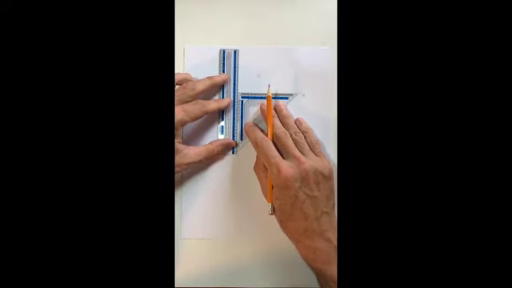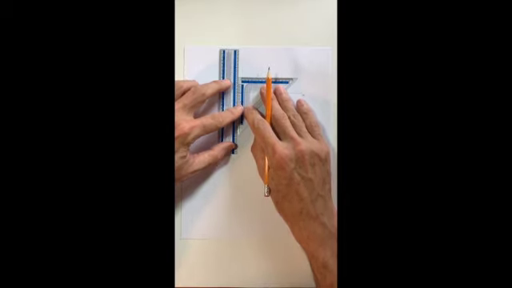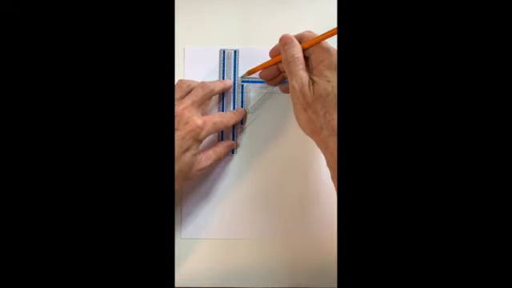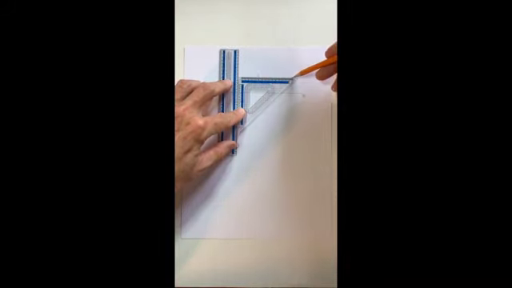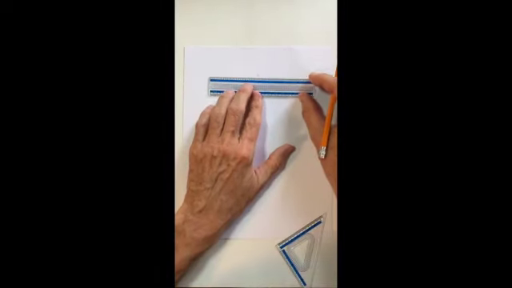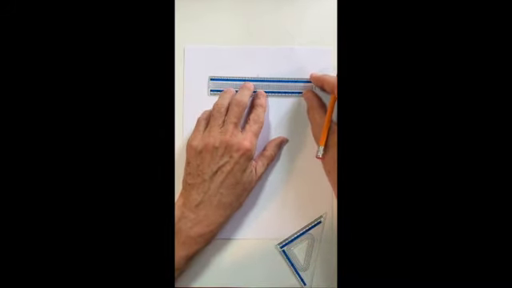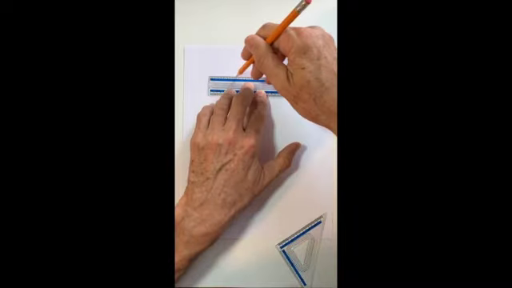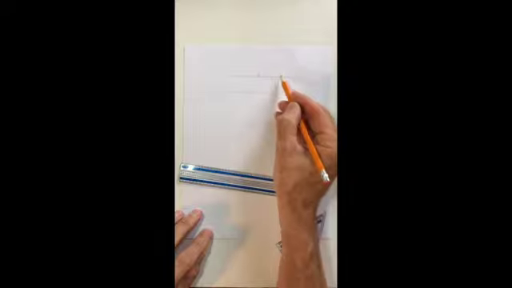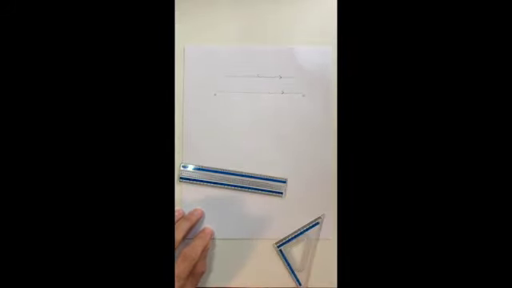And then, once everything is all squared up, we simply slide our set square to point C and draw a line. So now we can say that these two lines are parallel.